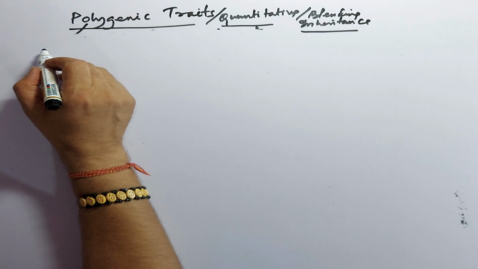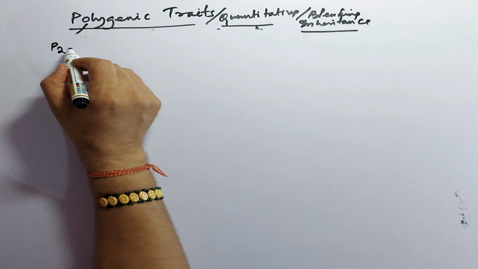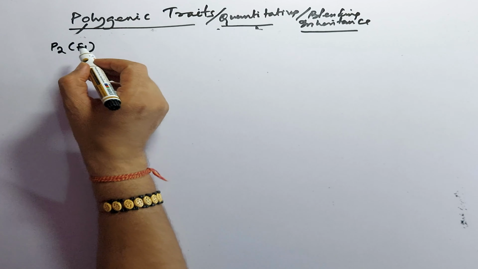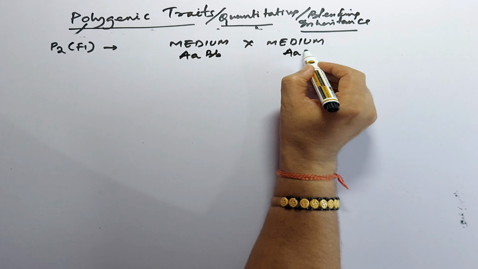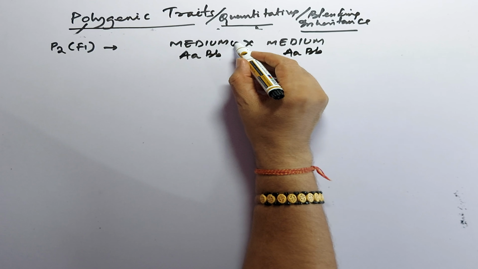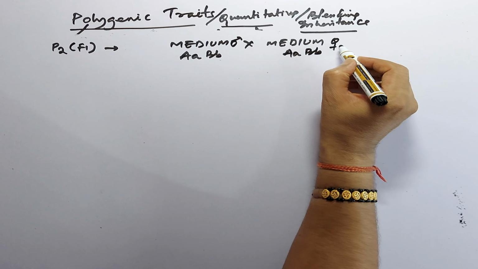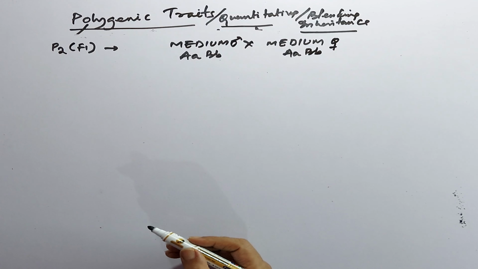So P2, bracketed F1, means 2 medium are crossed: capital A small a capital B small b crossed with capital A small a capital B small b.